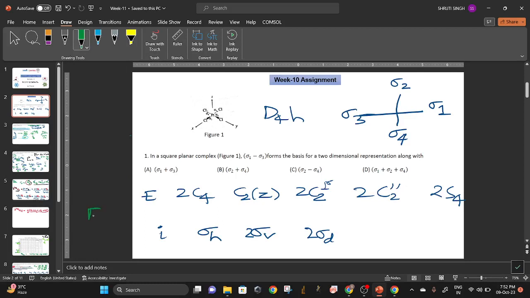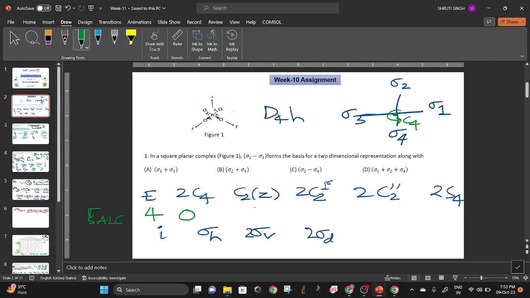Now for the SALC, we are considering the four atomic orbitals separately here. Under identity, nothing will happen, so all four will remain at their place with character 1 1 1 1, so the sum will be 4. Under C4, the C4 axis is here, all will change place, so it will be 0.